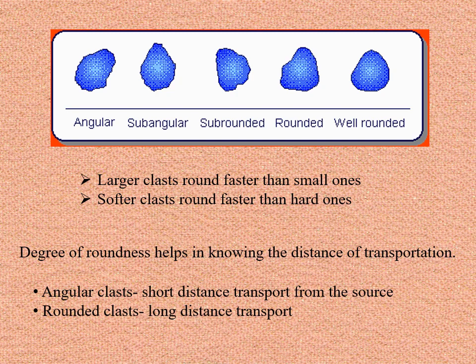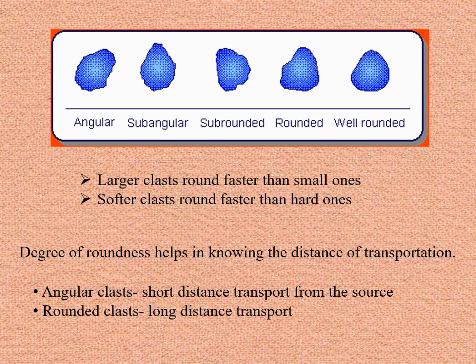Now if the physical and chemical conditions of two grains remain the same, then the grain which is larger in size will be more rounded, because roundness is basically related to the abrasion of the grains.